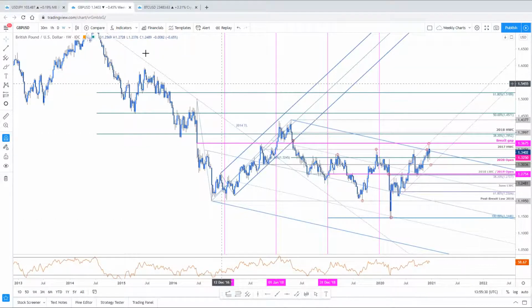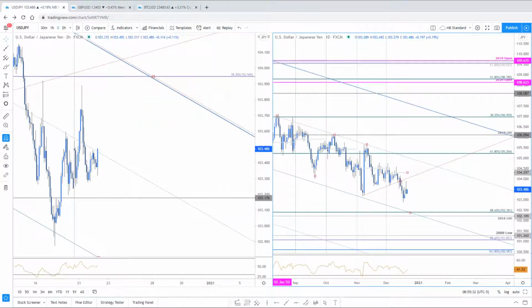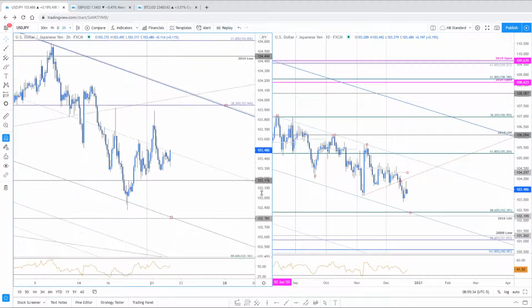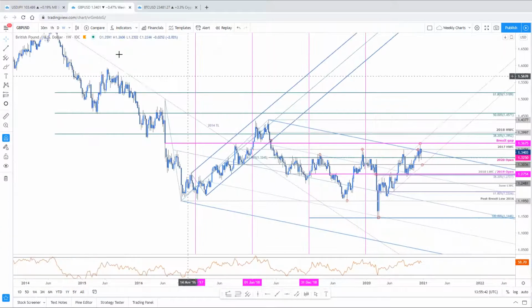Okay, so here's dollar yen on a little bit of a different level. Jay, what is yours showing up? Let me tell you something. I'm using the IDC feed, which does have a different open, so some of the levels are a little bit off.